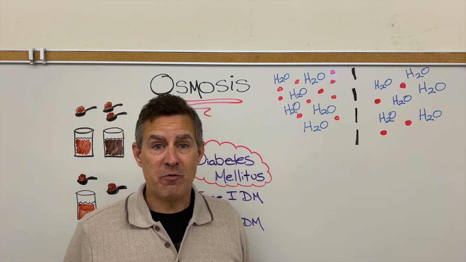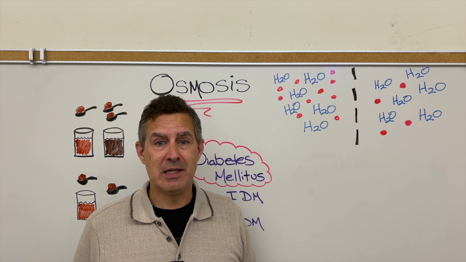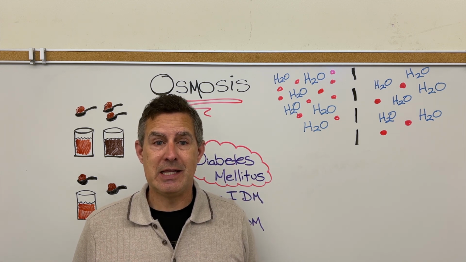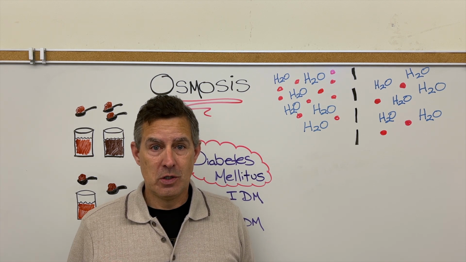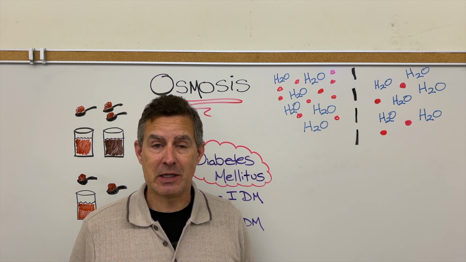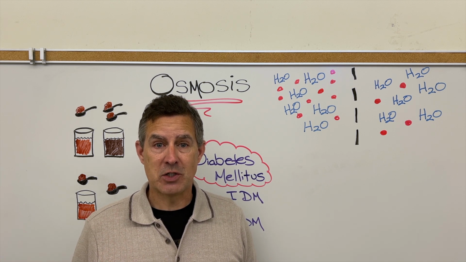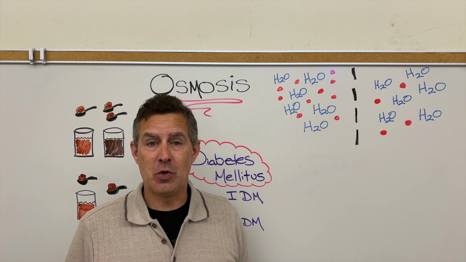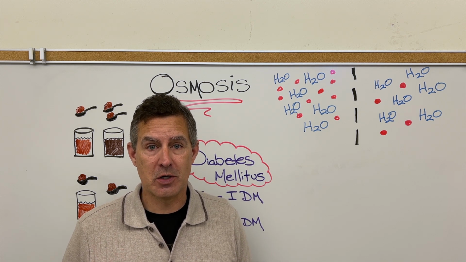So let's say the diffusion of water molecules across a semi-permeable membrane. 2, we could say it is the movement of water via semi-permeable membrane to an area of low molecular water concentration. That's water moving from an area of high molecular water concentration to an area of lower molecular water concentration.